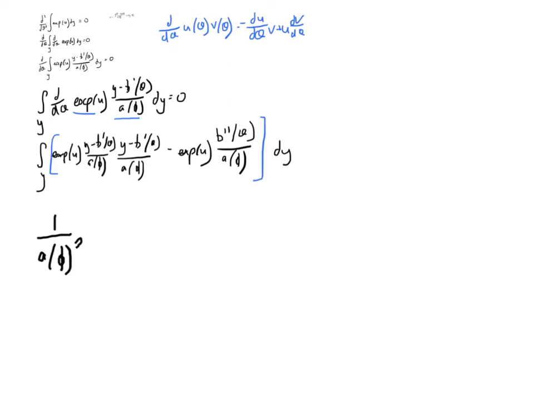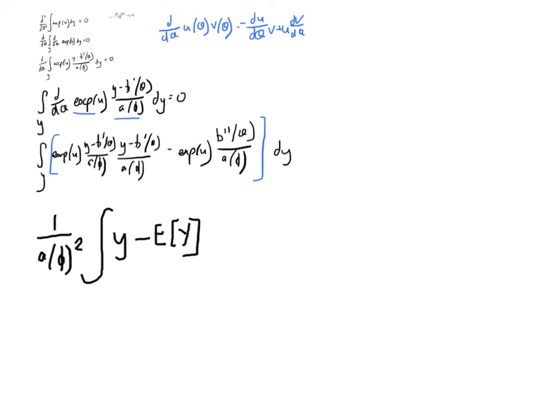So I have 1 over a of phi squared, and I am integrating something quite interesting, because I'm integrating y minus b prime of theta, but we've already seen that b prime of theta is the expected value of y.